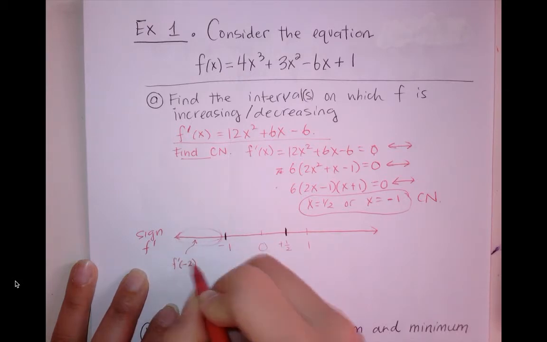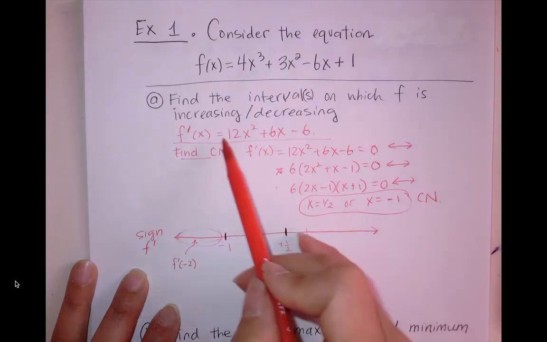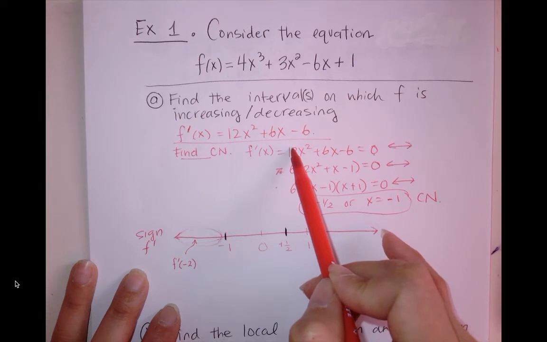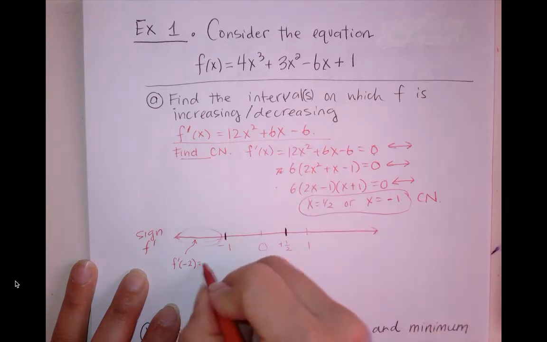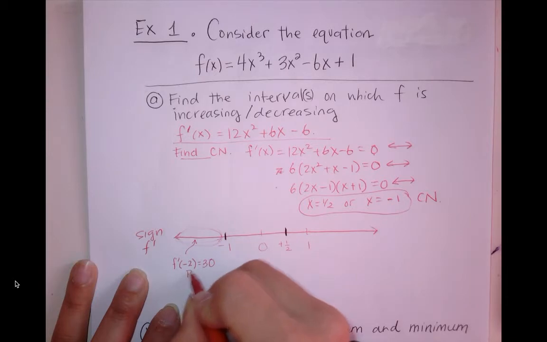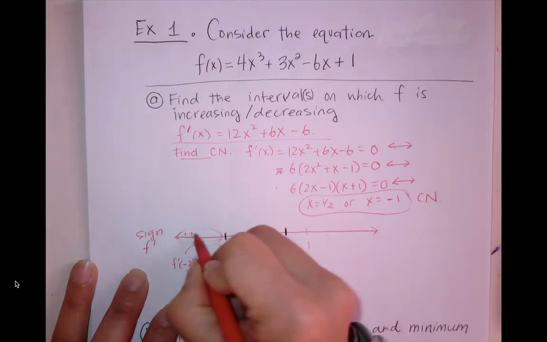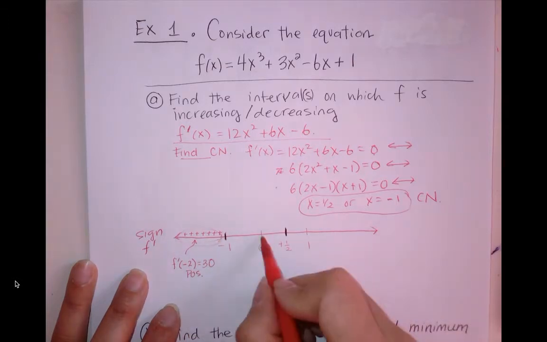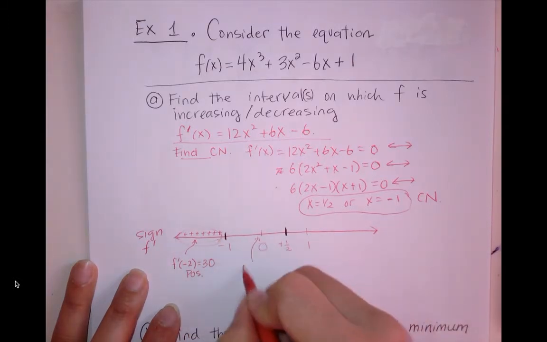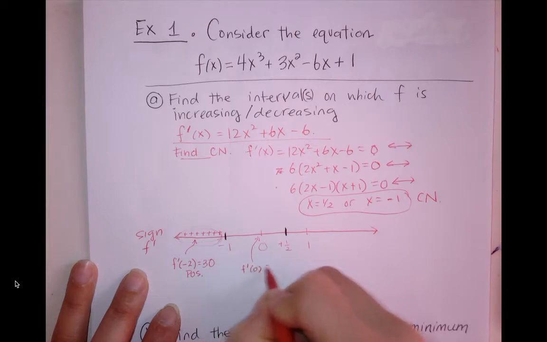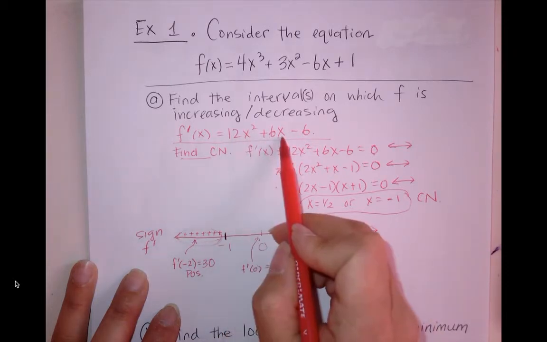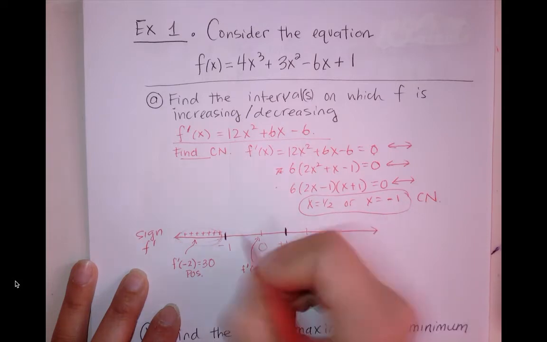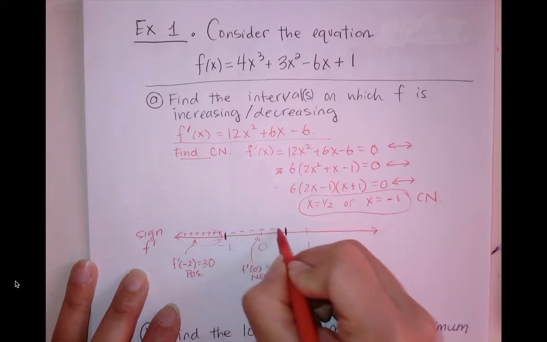If you plug -2 into the derivative, we get the value 30, which is positive. So the derivative is positive on this interval. Let's test 0. If I plug 0 into my derivative, I get -6, which is negative. So in this region, the derivative is negative.